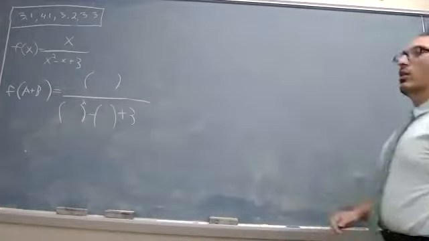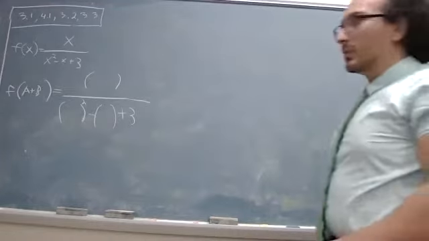So what I did was I carved out the x's. And I'm priming them to insert what is inside that parentheses by the f, which is namely that a plus b.